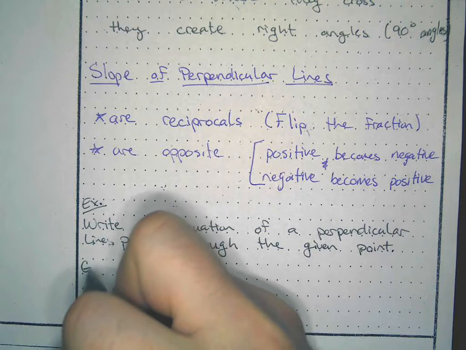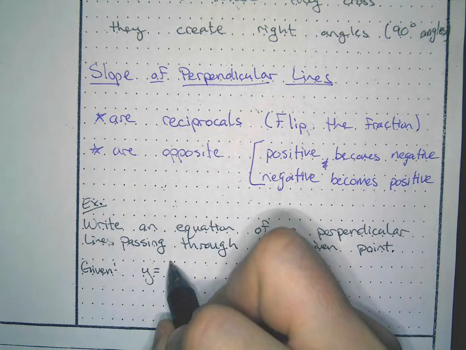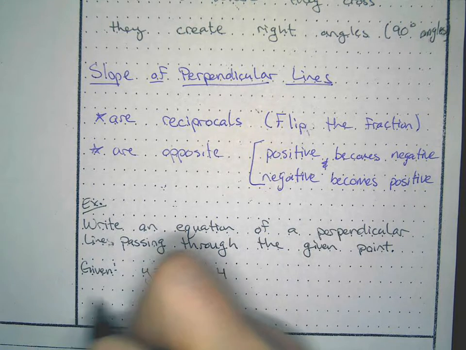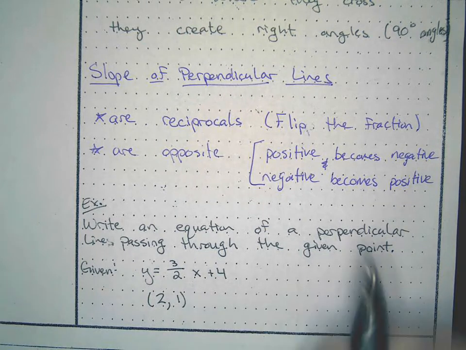So our given line will be y equals 3 halves x plus 4, and our point will be 2 comma 1.